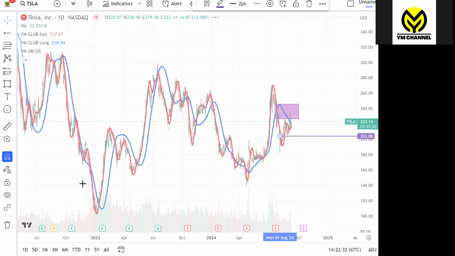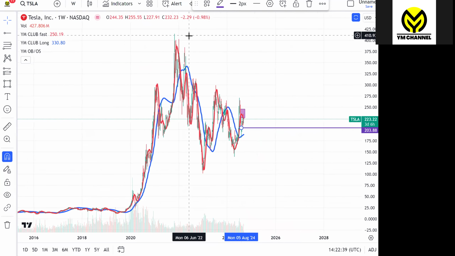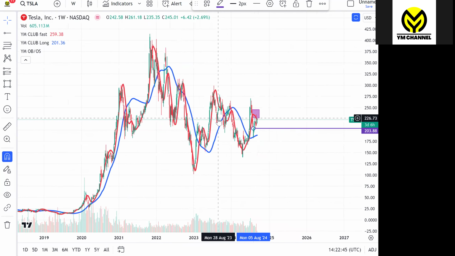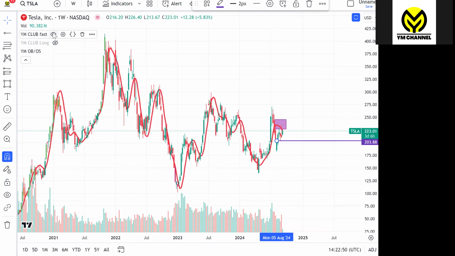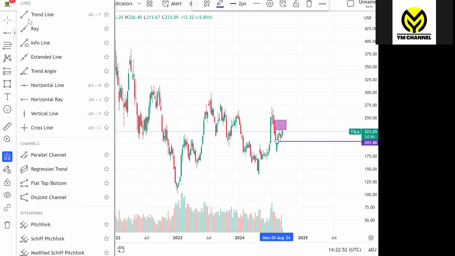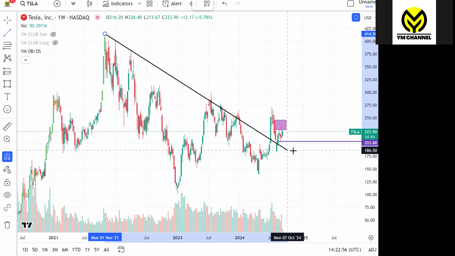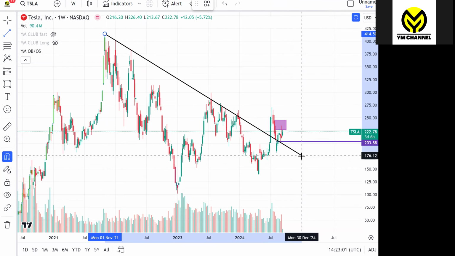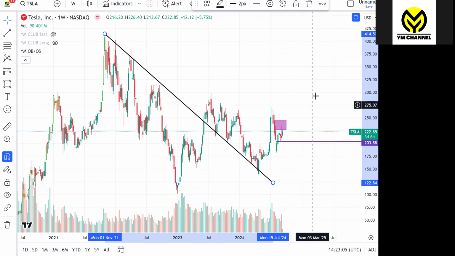If we look at Tesla, you can see the previous peak is around 410. And since then, we have dropped a lot, okay? Something interesting: even if you don't have my indicator, you can learn something from my video. So if we look at this, we can draw a line like this.